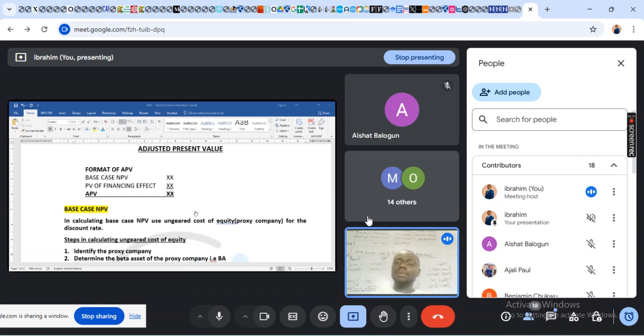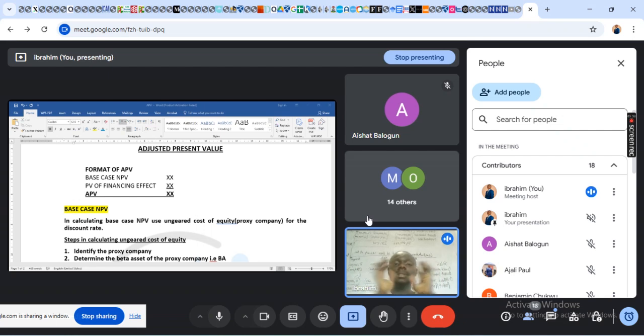Now, in calculating base case NPV, we use the ungeared cost of equity, which is the POSI company, as the discount rate. Class, the base case NPV simply means that a project will be financed by equity.